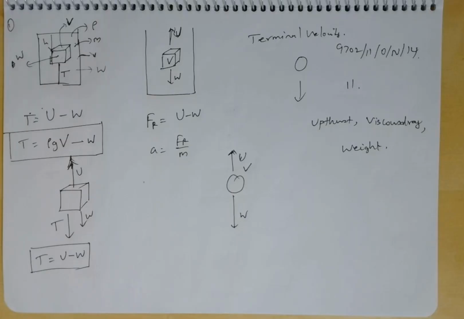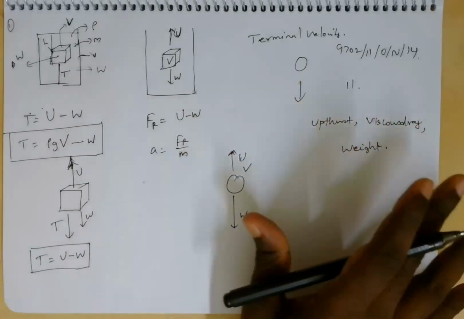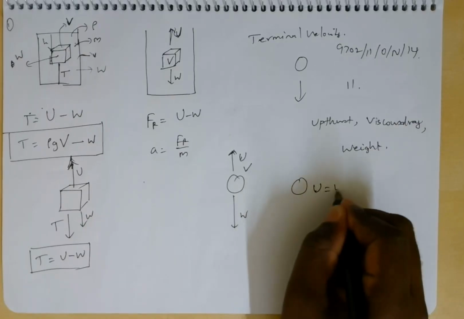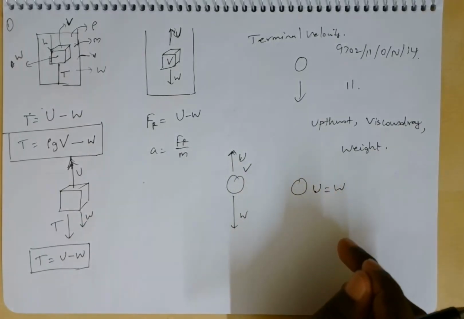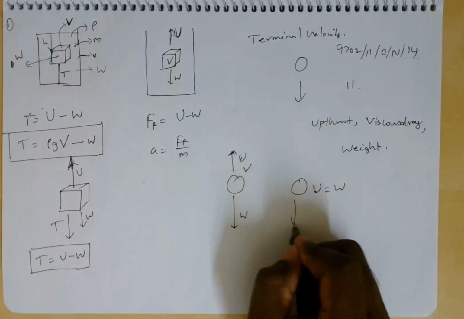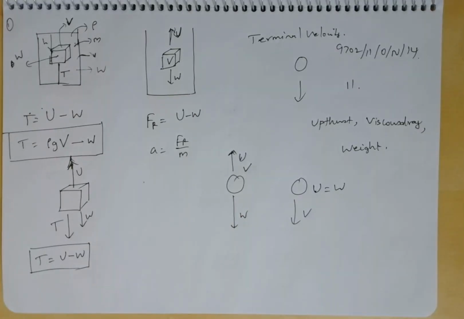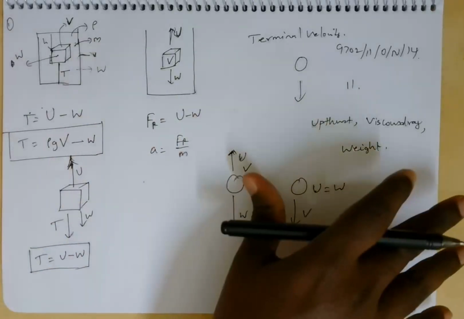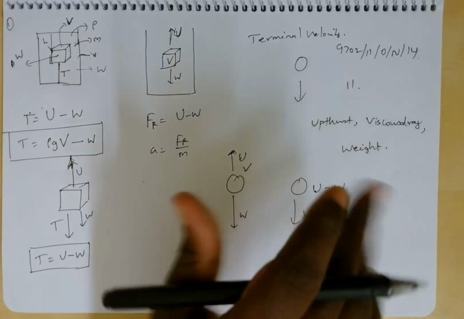If there is no drag, upthrust must be equal to weight, then the object is in equilibrium, so it will just fall with constant velocity v. Now, upthrust is there, viscous drag is also there, weight is also there.